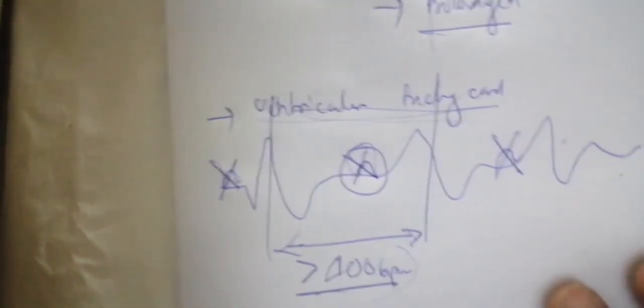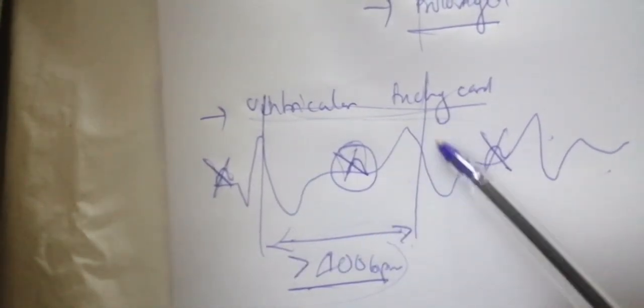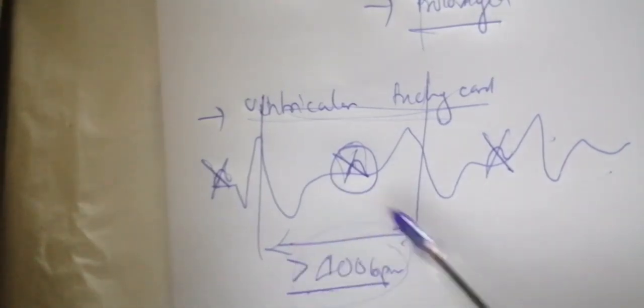Is it clear? Normally the pacemaker has to be at the level of the sinoatrial node. But if you have dysmorphic QRS complexes with a heart rate that is not greater than 100 beats per minute, it means that the pacemaker is coming out of the atrium and is inside the ventricle. Is it clear? The etiology is coming from the ventricle.